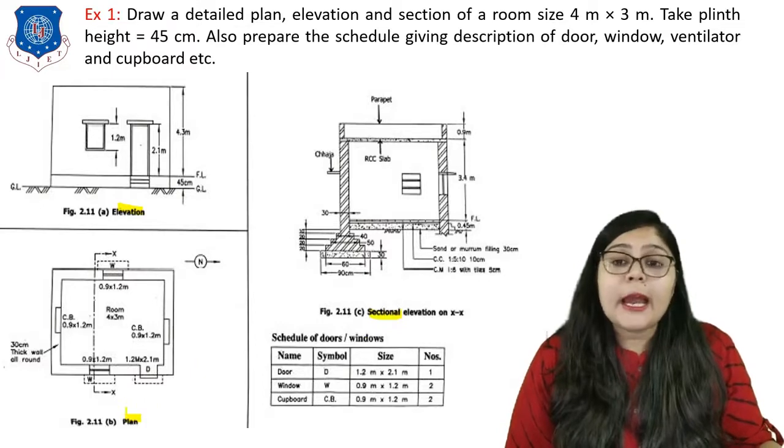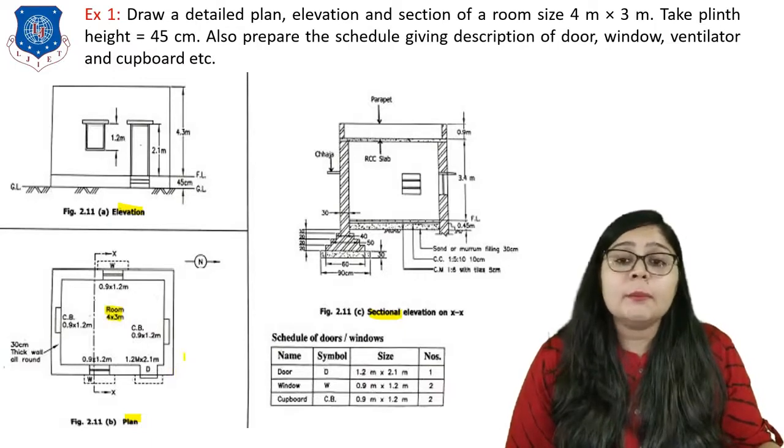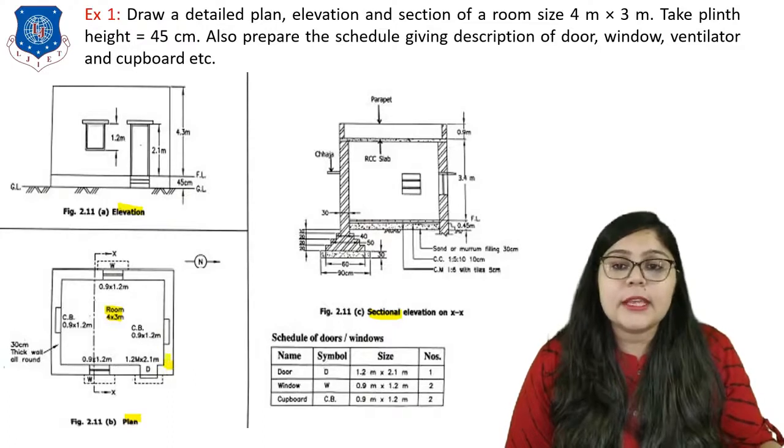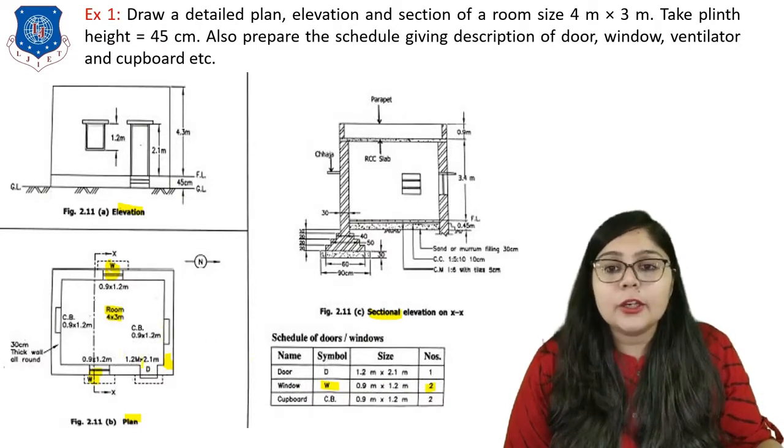For the plan, you can see over here a room of 4 by 3 is drawn. What are the main components in the plan? The thickness of wall should be there. You can see this is the thickness of wall, having some doors and window arrangement. Here you can see these are the windows, right? 2 windows are there. It means in the schedule of doors and windows, I have mentioned that the number of windows is 2, where the size is specified, as well as the door size.